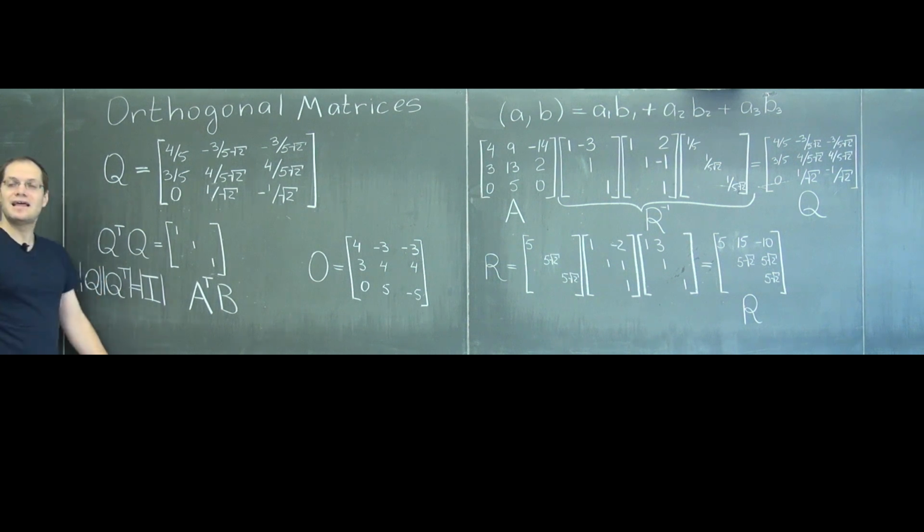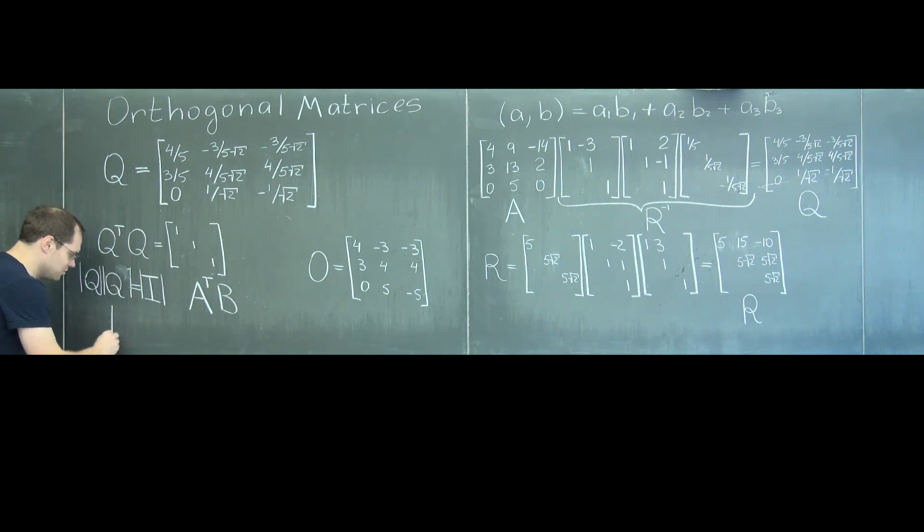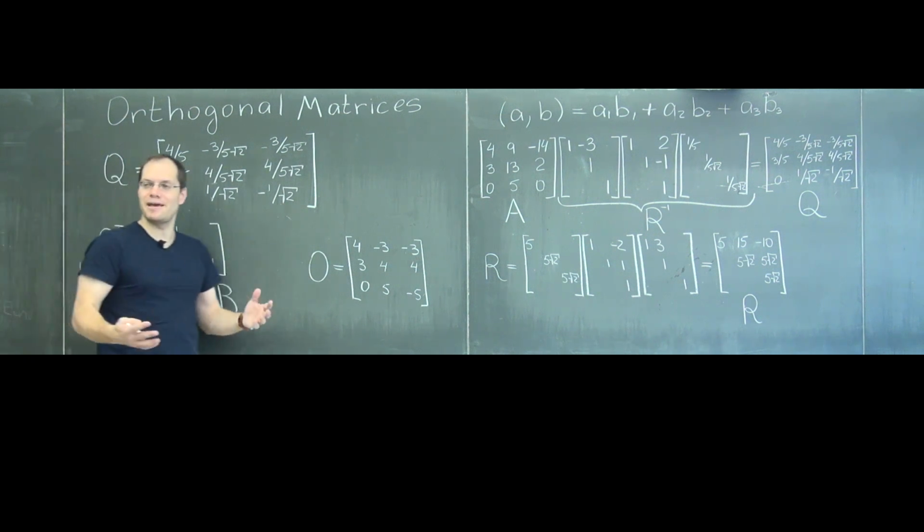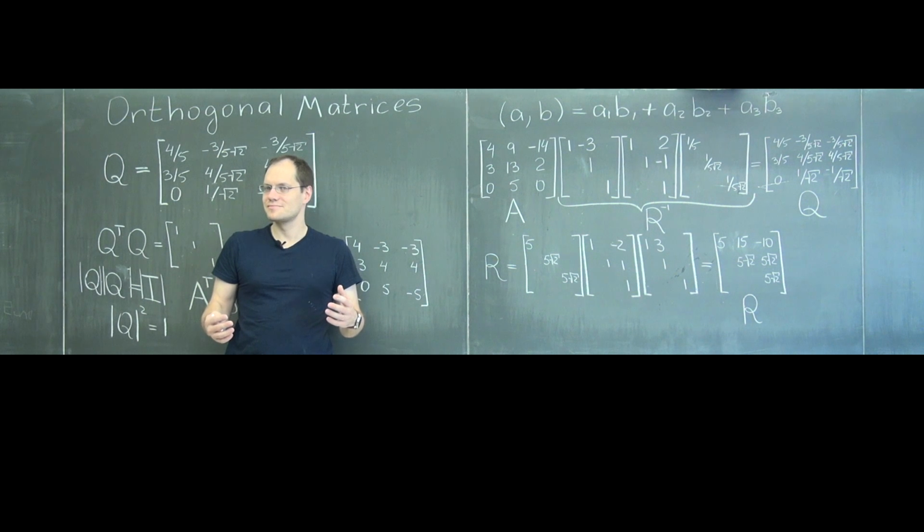And then you remembered that the determinant of the transpose is the same as the determinant of the matrix, so you just did this. And so you now know that the determinant of Q squared equals 1. And so if x squared equals 1, then what is x? Plus or minus 1. So the determinant of an orthogonal matrix is plus or minus 1.